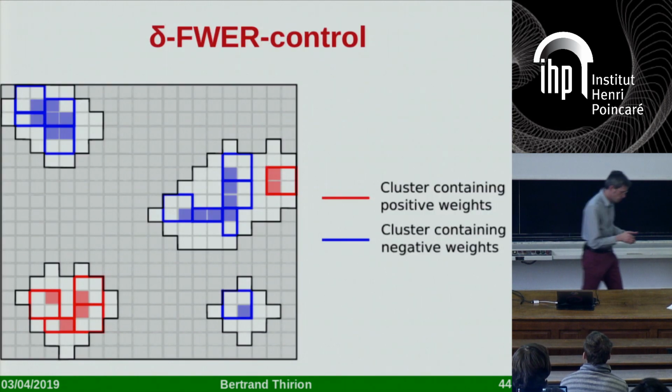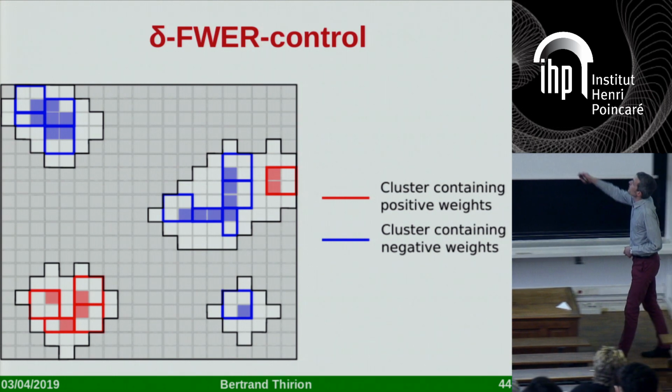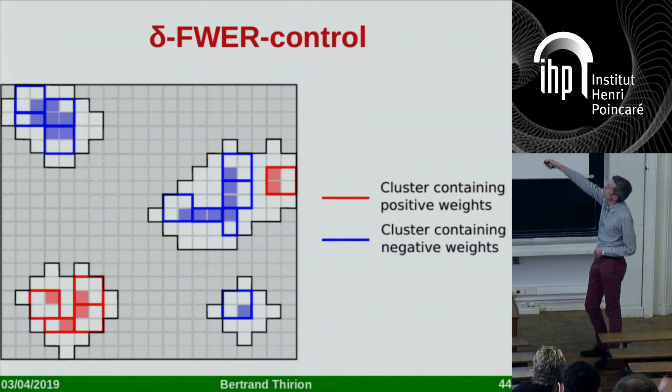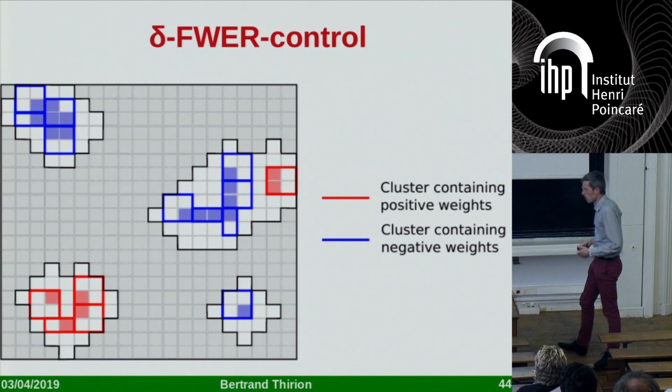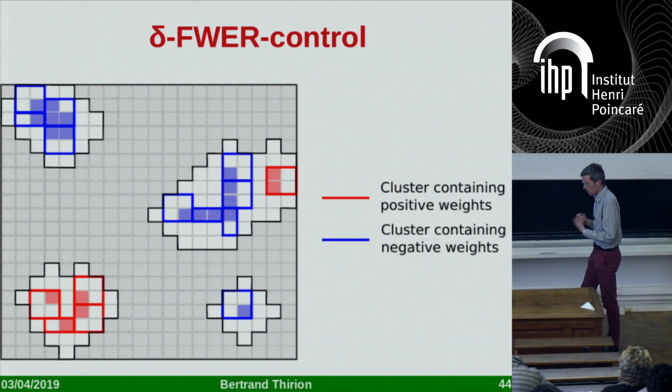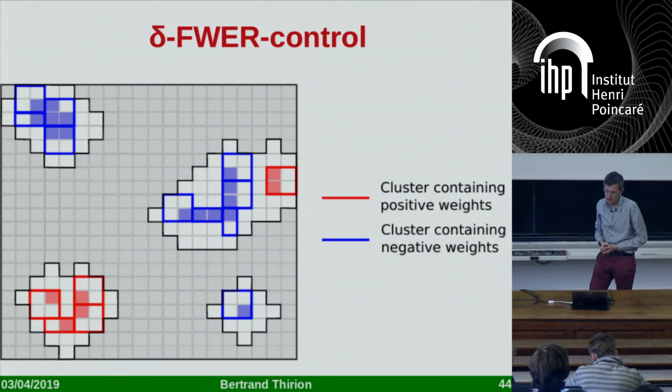So this is a picture. If the true support are the blue and red regions, so red means positive signal, blue means negative, you cannot say anything about the voxels in white, so those in the vicinity of the true support. But for all the voxels that are far away, you should not detect them more often than what the family-wise error rate tells you.